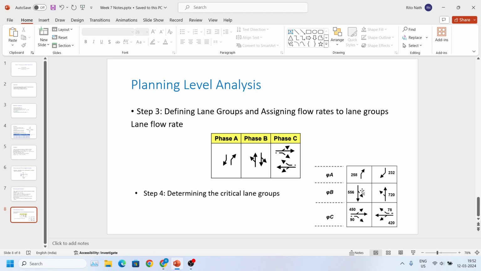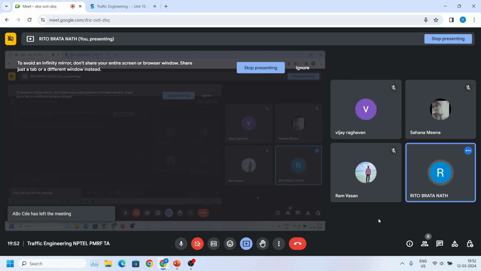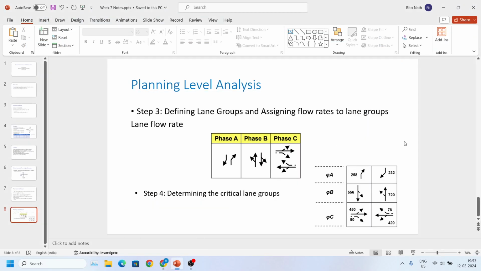Here also, in general, you will pick the maximum of these two, and in the final one as well, you again pick the maximum of two. If you get all this, then it's just a simple summation to get the critical lane volume. I think there is this problem in the assignment as well. Let's see what exactly was the problem given in the assignment. Let me open the assignment.